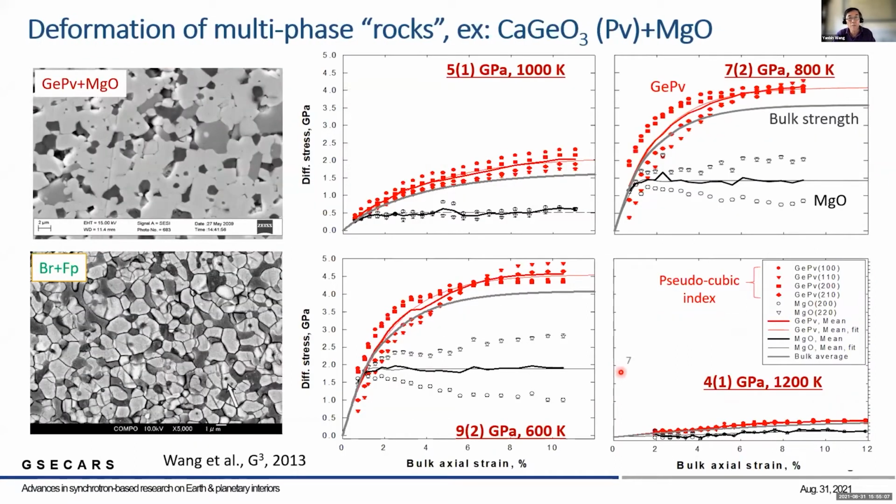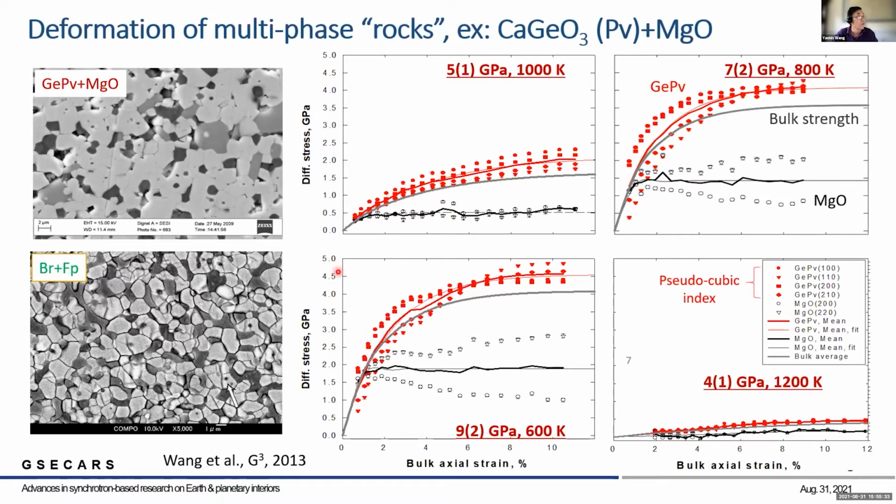Here's an example of a sintered two-phase rock, which is a mixture of calcium germanate perovskite and MgO. This is prepared after a breakdown reaction from CaMgGeO4 olivine. You can compare it with the silicate counterpart. You can see that both the microstructure and volumetric fractions of the two phases are very similar.